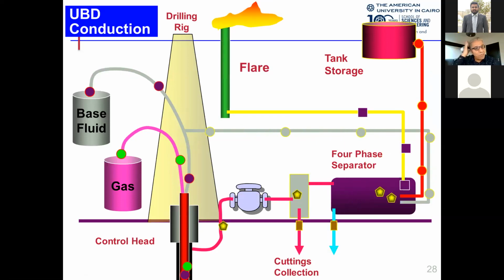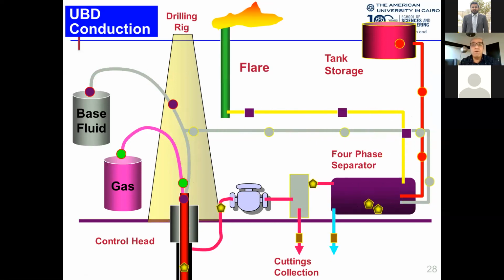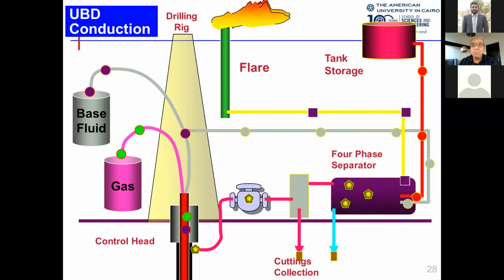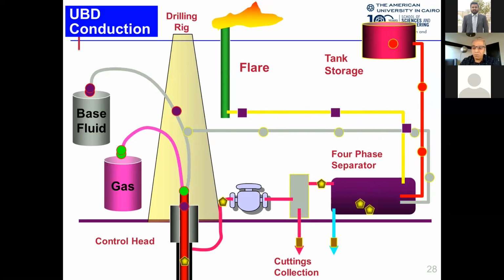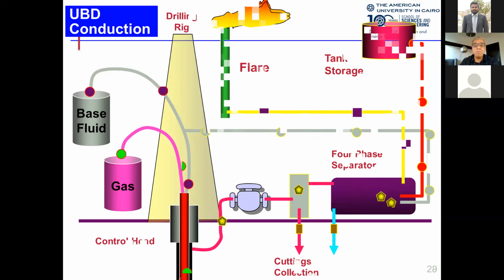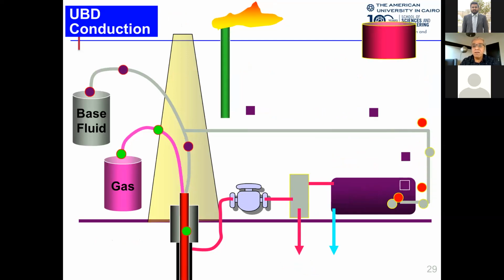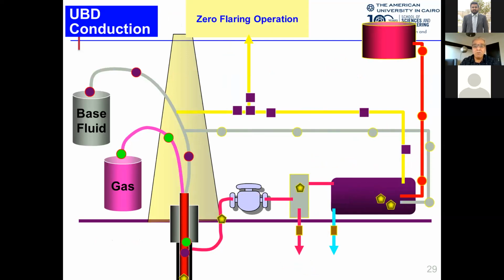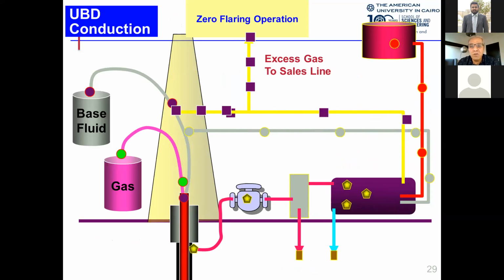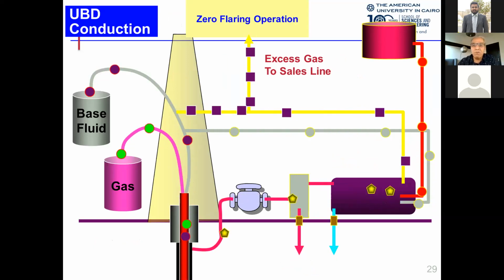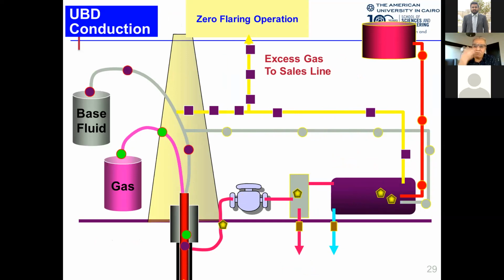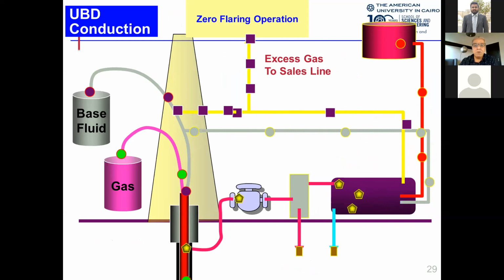Gas can go to be flared or burned if it is a small amount. Nowadays, they move to no flaring and no dumping into the atmosphere. The impact on the atmosphere has to be zero. Then the gas can be taken to treatment or to a sale line if it is methane, and so on.